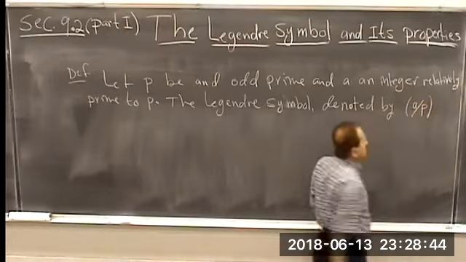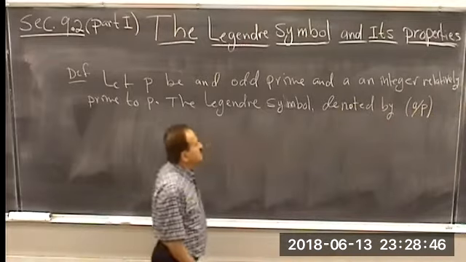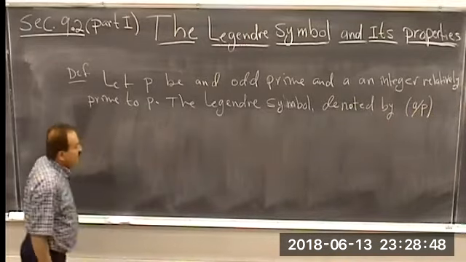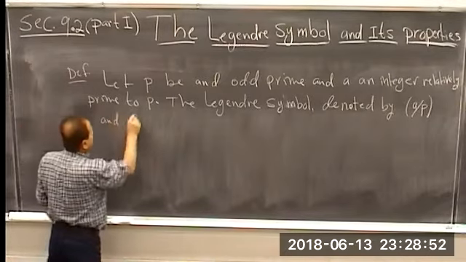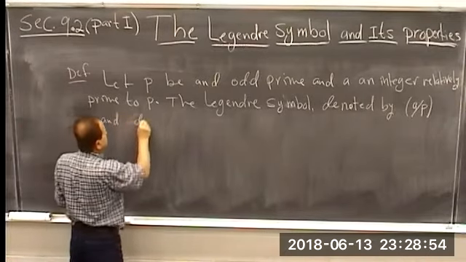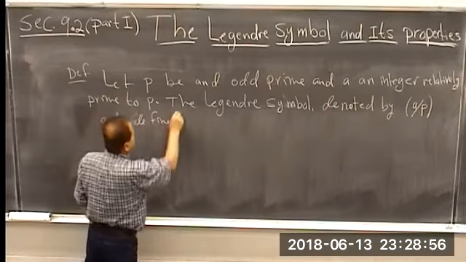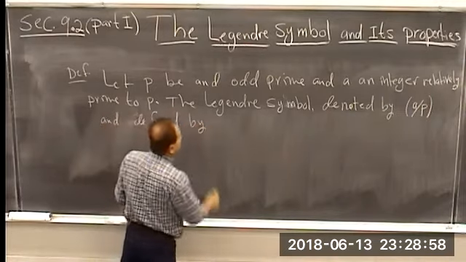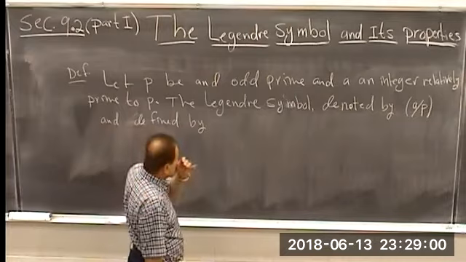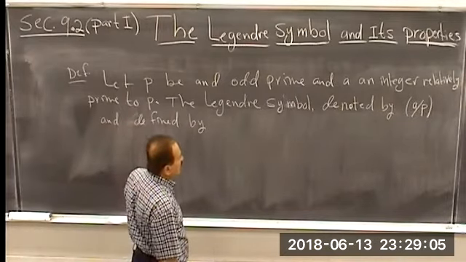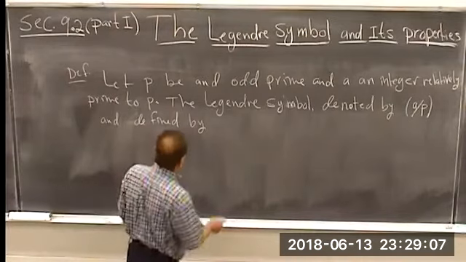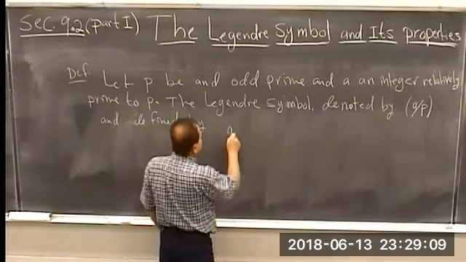This is not division, it is just a notation. All right? It's denoted by this and defined by this rule. In fact, you could think of it as a function, an arithmetic or number theoretic function, defined by this.